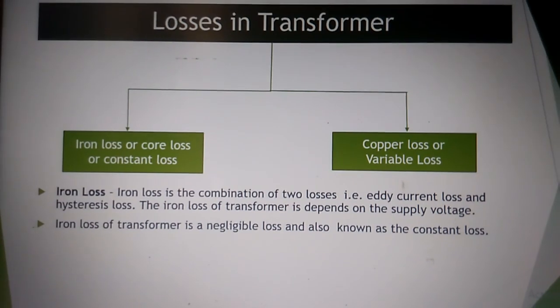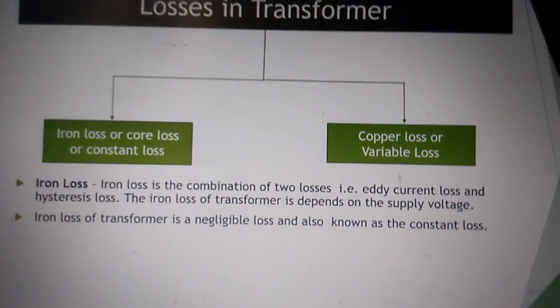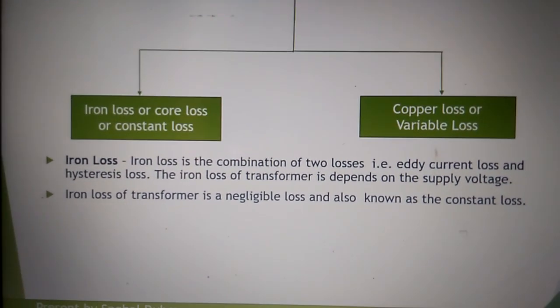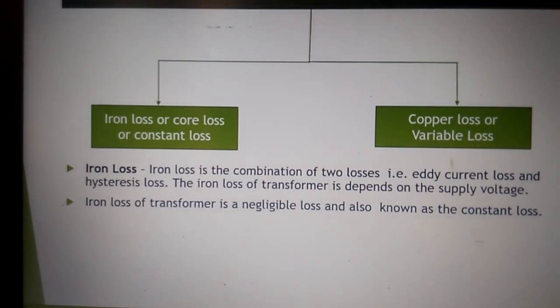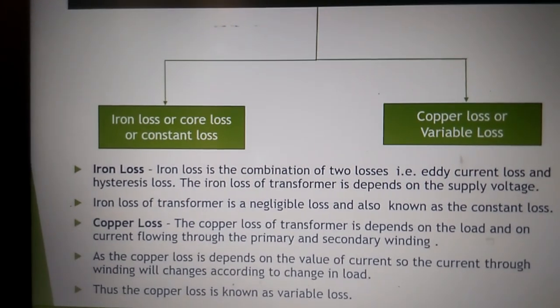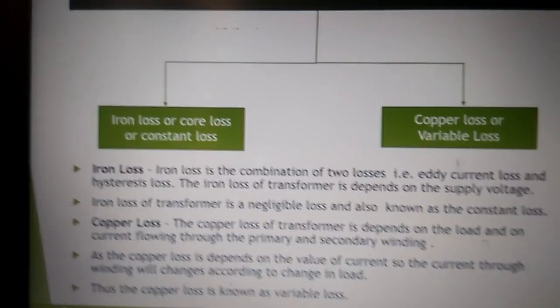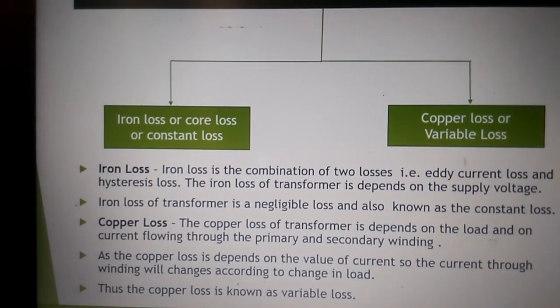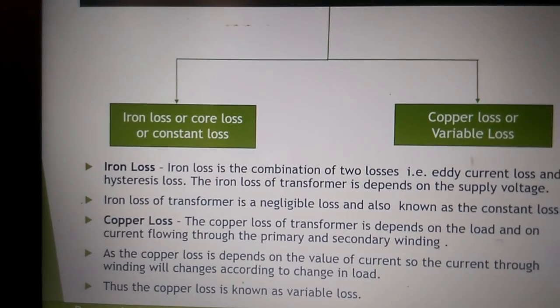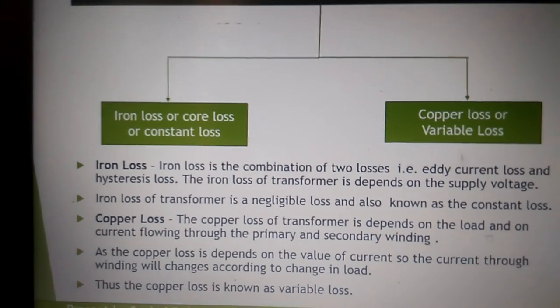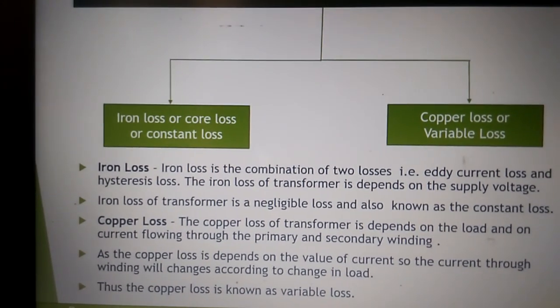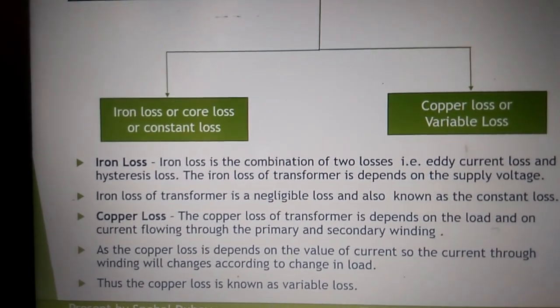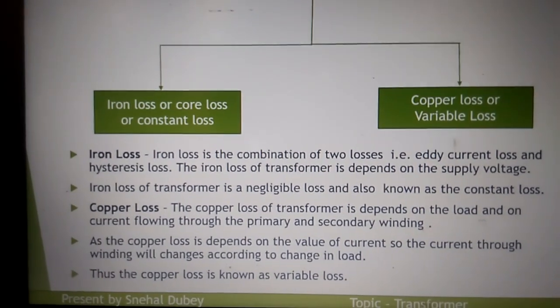And the iron loss of transformer depends on the supply voltage. Iron loss of transformer is negligible loss and is also known as the constant loss. That means the iron loss occurring in the transformer is a very small amount of loss. Okay, to reduce the eddy current loss, we can provide lamination of silica gel on the transformer's core.